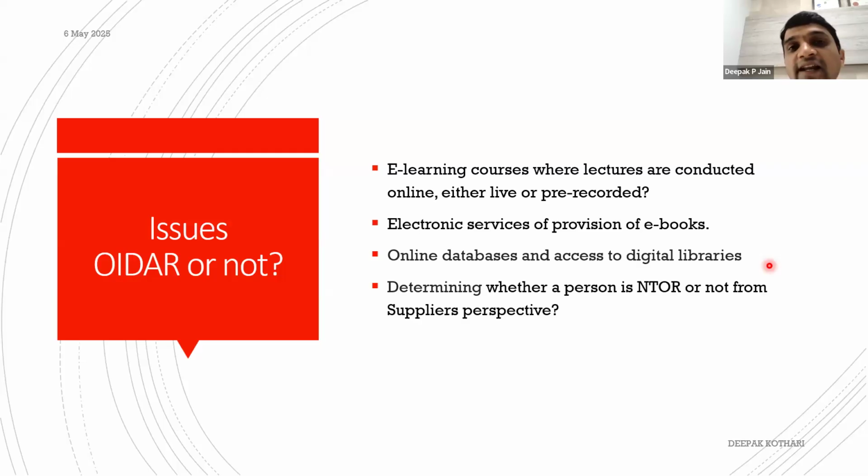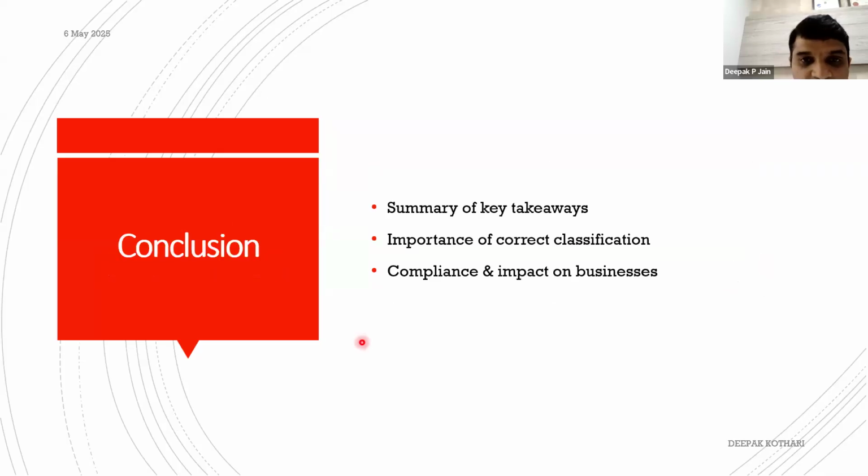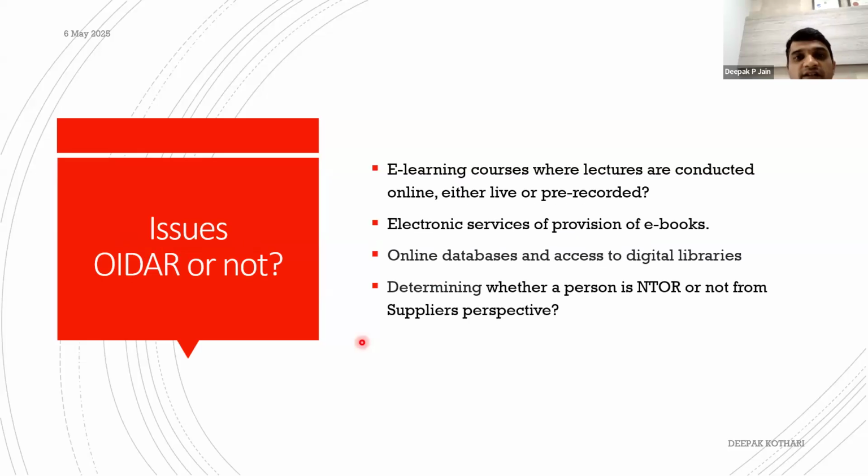But if the OIDAR doesn't collect the information on whether the recipient is registered or not, now most of them are collecting, but in case they do not, in such case the OIDAR will be liable to pay, because the government will assume that the OIDAR is providing to a non-taxable online recipient, and the supplier will have to pay the tax on that. So that is it. Any questions on any of those issues which we were discussing?